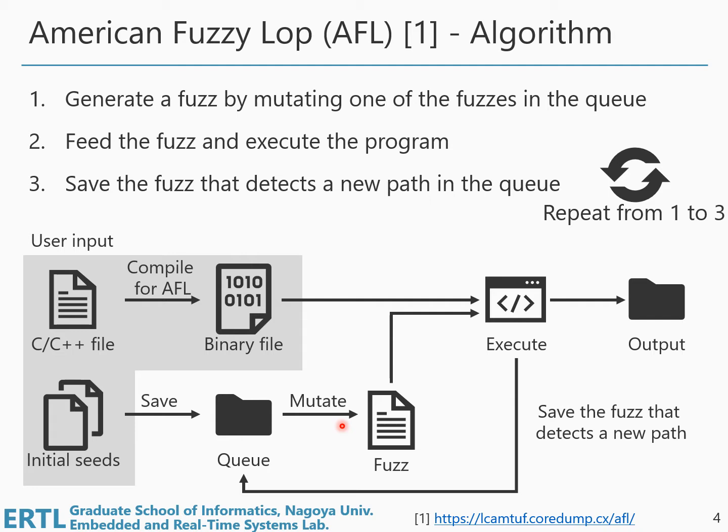Secondly, it executes the target program, feeding in the generated fuzz. Thirdly, if it detects a new path by this execution, it saves the fuzz in the queue. It repeats this process until the user stops AFL.